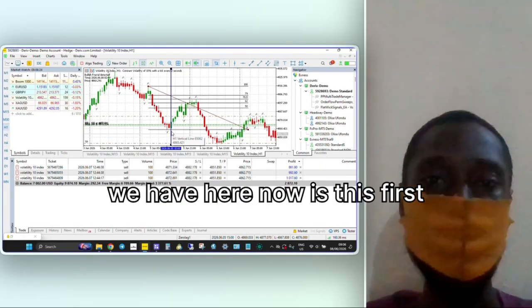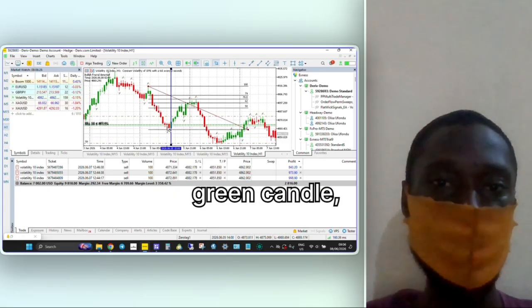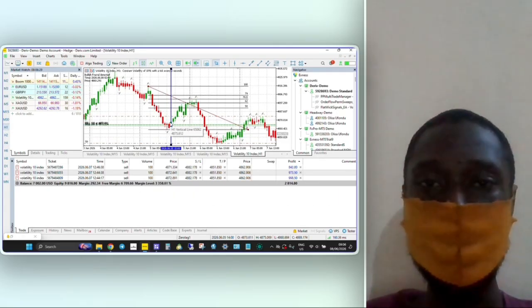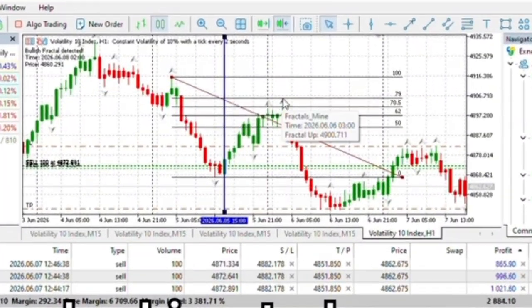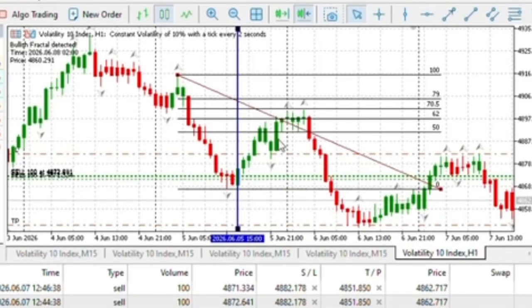So what we have here now is this first green candle, Xmas candle, and we are looking to have a retracement, right? And when it gets to our golden ratio or honeycomb ratio, we can retrace from that to our swing low, or maybe our triple R set, determined or predetermined before that we enter the trade.